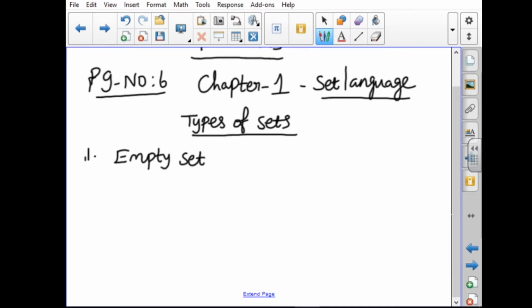empty set. A set consisting of no element is called an empty set. Empty set has another name.